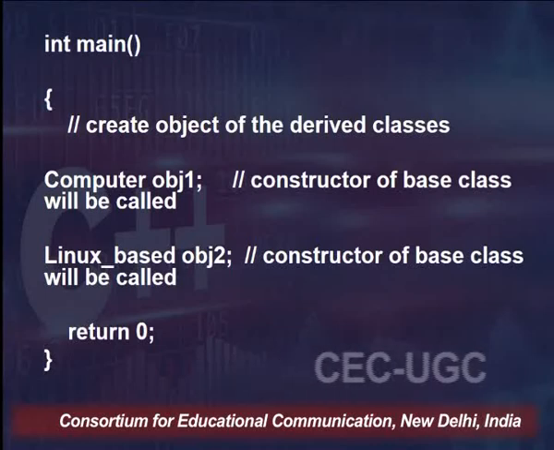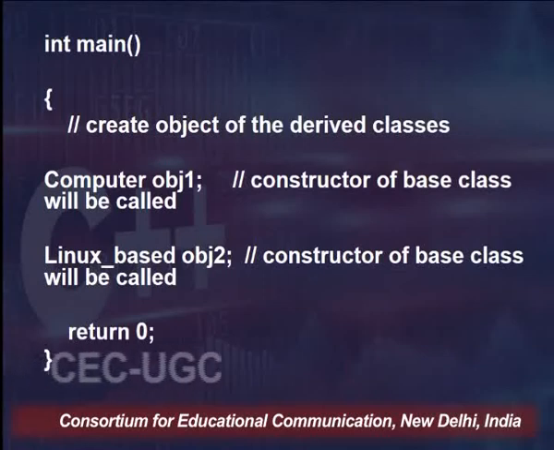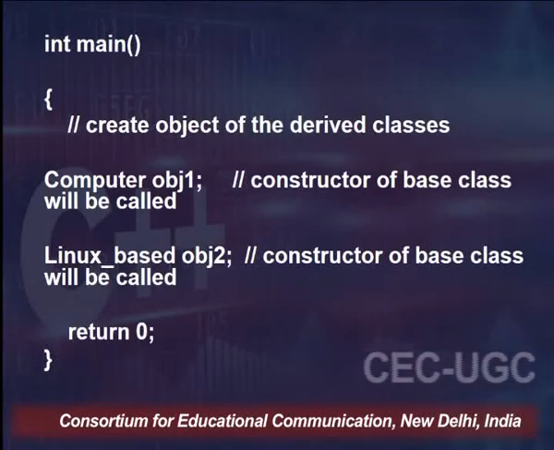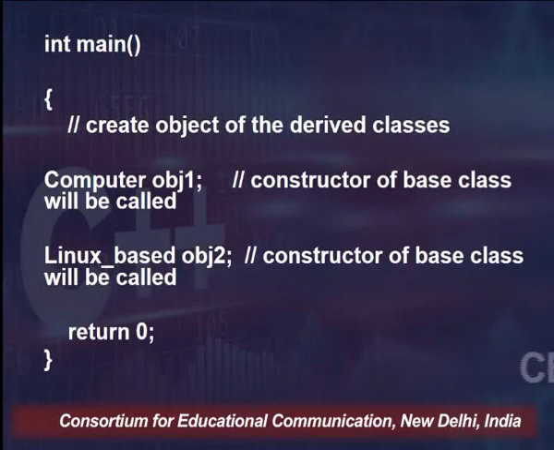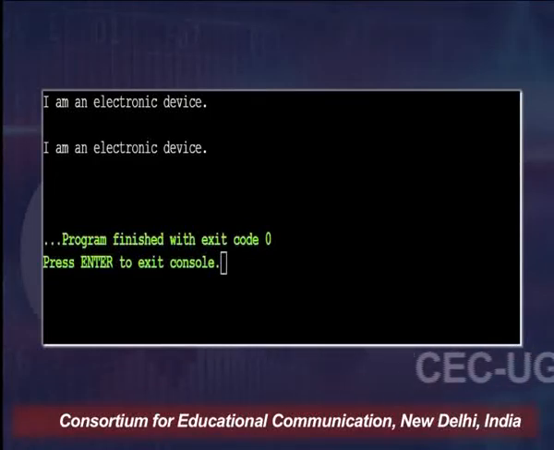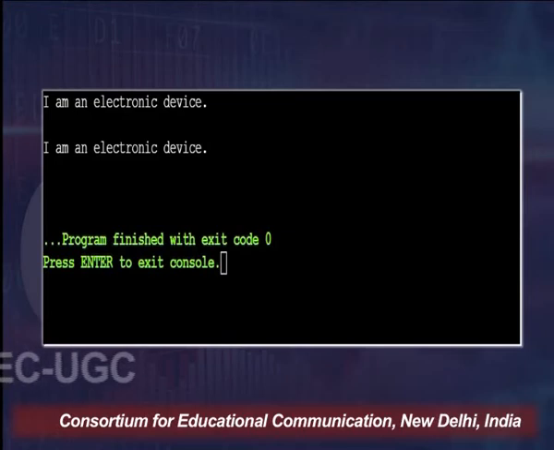Then for Linux based obj2, again the constructor of the base class will be called, and as shown in our hierarchical tree structure, the output I am expecting is I am an electronic device and again I am an electronic device.